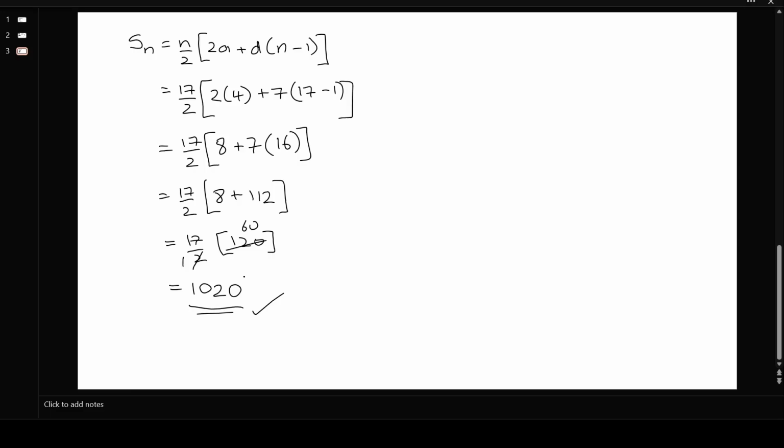Now remember, this formula only works for the terms starting with the first term. So if you plug n into this formula, and let's say n is 10, the formula is going to give you the sum of the first 10 terms. And there you go. That's how we find the sum of an arithmetic series.